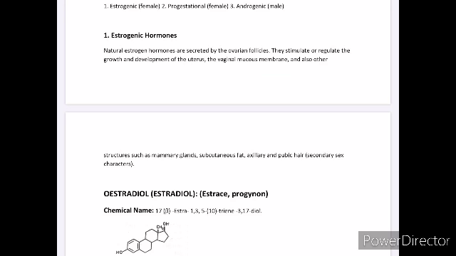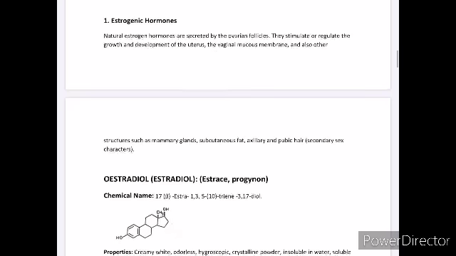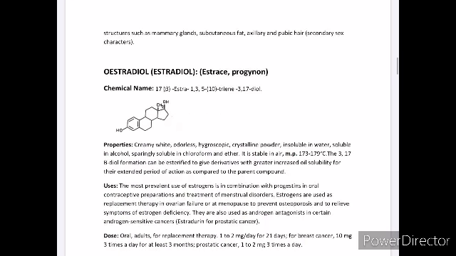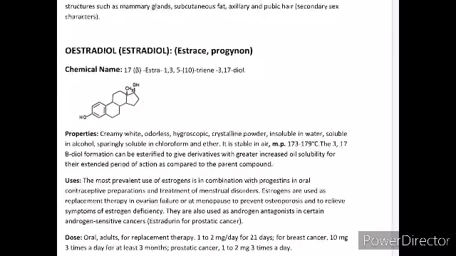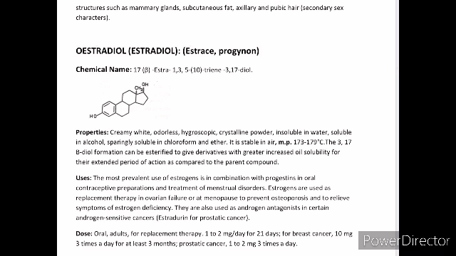Let us talk about the first estrogenic hormone, that is estradiol. As we can see, the brand name is Estrace or Progynon. Now the chemical name is 17 beta estra-1,3,5(10)-triene-3,17-diol. As physical properties, it is available as a creamy white, odorless, hygroscopic, crystalline powder which is insoluble in water, soluble in alcohol, and sparingly soluble in chloroform and ether.